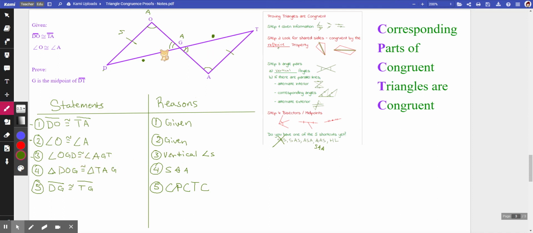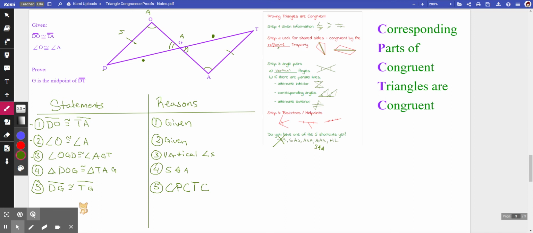So we didn't need any supporting information. In other proofs, sometimes it'll have statements, and then you need to say, okay, because by definition of midpoint, or because the lines were parallel, or whatever. So sometimes there's extra statements supporting these pieces, but you have to have all 3 of these before you can say the triangles are congruent. You have to have the triangles are congruent before you can say CPCTC. So the order in proofs is very, very important.